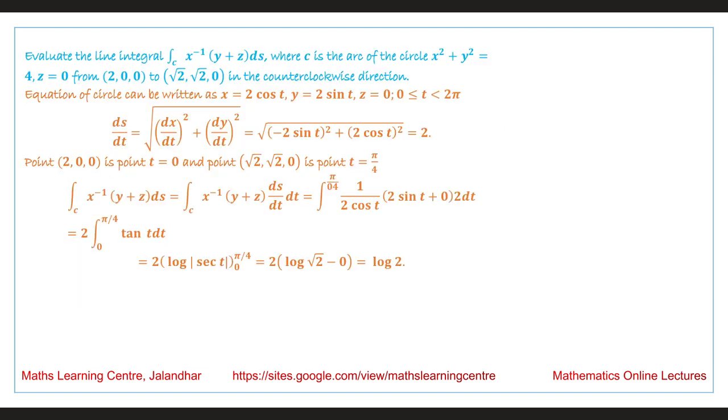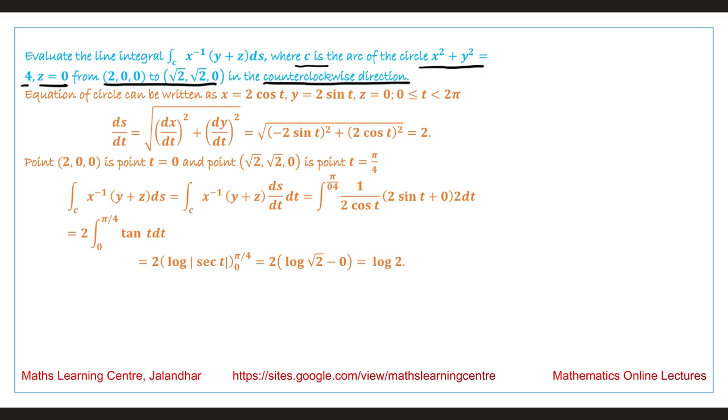Now next we have to evaluate the line integral integration y plus z over x ds, where c is the arc of the circle x square plus y square is equal to 4, z is equal to 0, from this point to this point in counterclockwise direction.